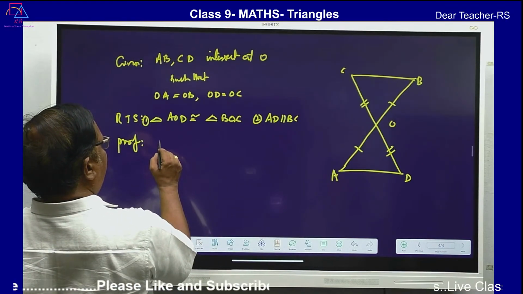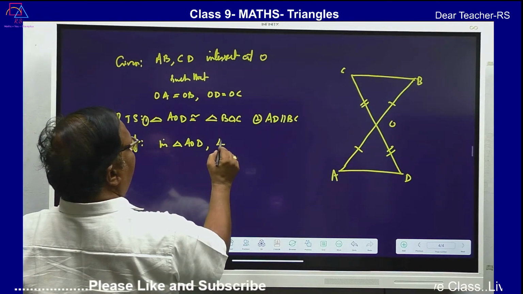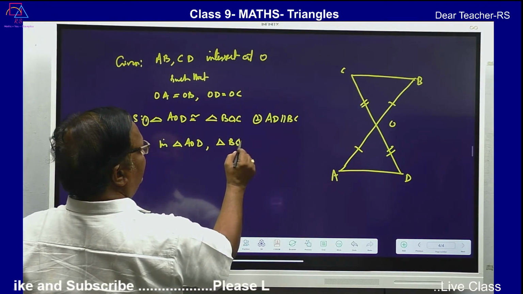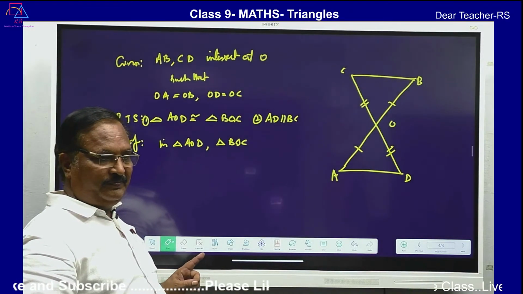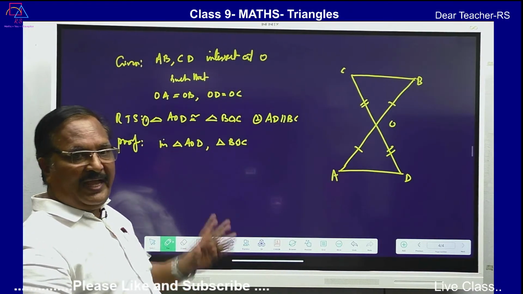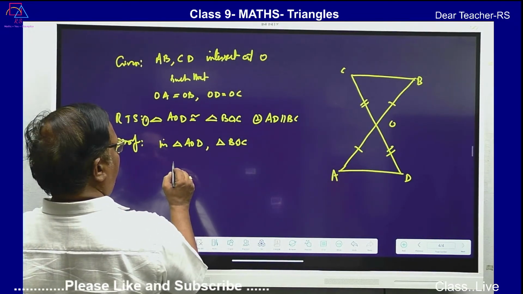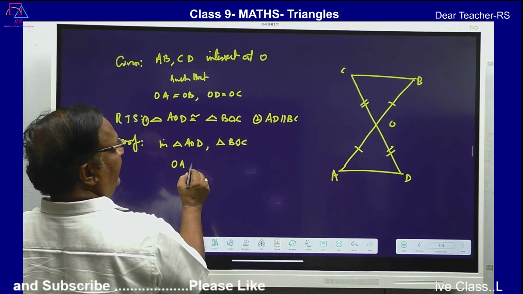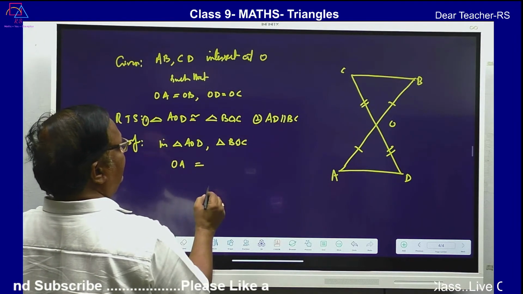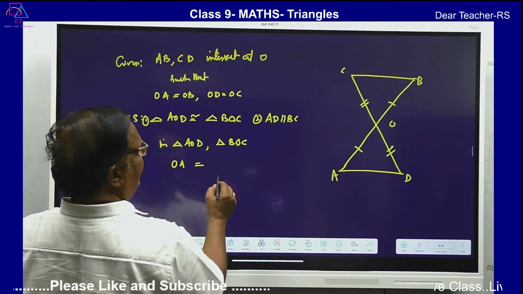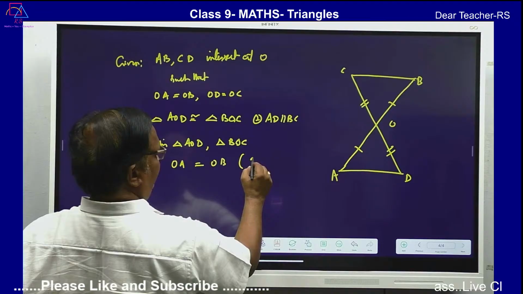So let us take triangle AOD and triangle BOC. List out equal parts as per our given. OA is in which triangle? AOD, yes, correct. And OB is in which triangle? Correct. This is given.